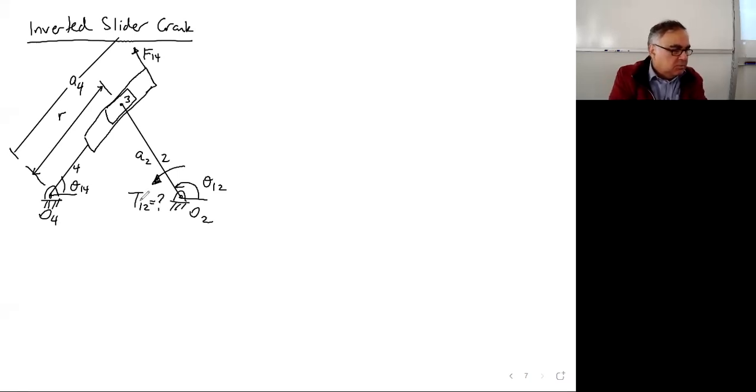The torque is unknown. We want to find it out. So I found 4x with respect to the fourth link, and this is a right angle. As usual, we draw our free body diagrams.